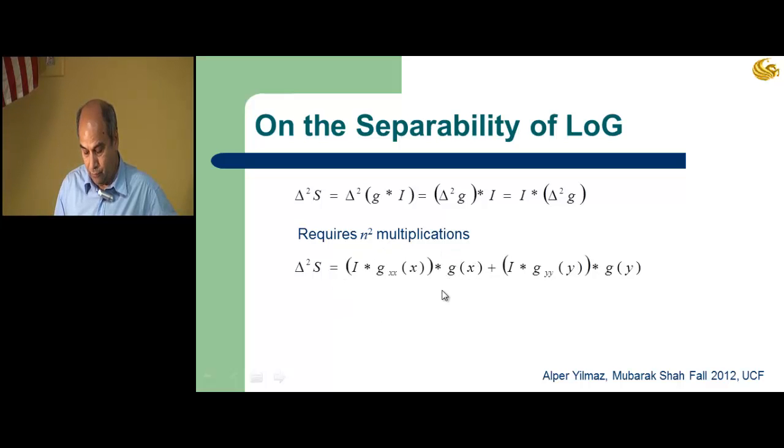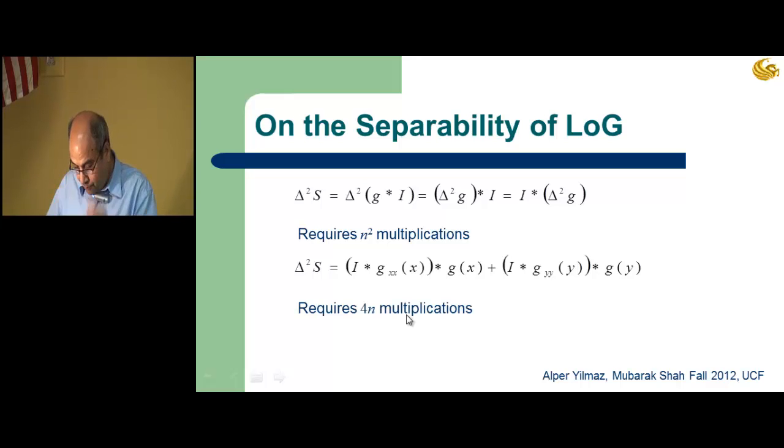Then we take an image and apply the second derivative of Gaussian, because the Laplacian contains a second derivative, get a result, then apply the Gaussian to that. And then we have another operation where we take the image, apply the second derivative of Gaussian in the y direction, and then apply the Gaussian again. We add that up, and it is exactly the same as applying the two-dimensional Laplacian of Gaussian mask.